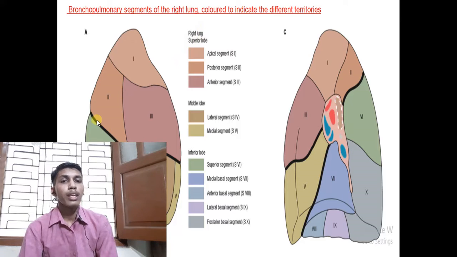So in the right lung we find two fissures, the oblique fissure and the horizontal fissure, dividing the right lung into lobes.